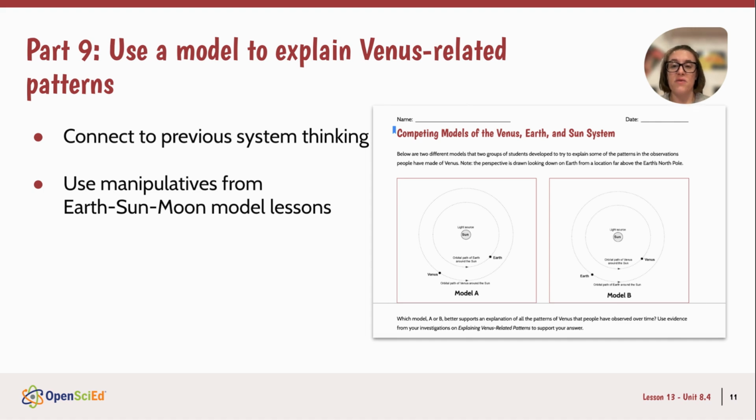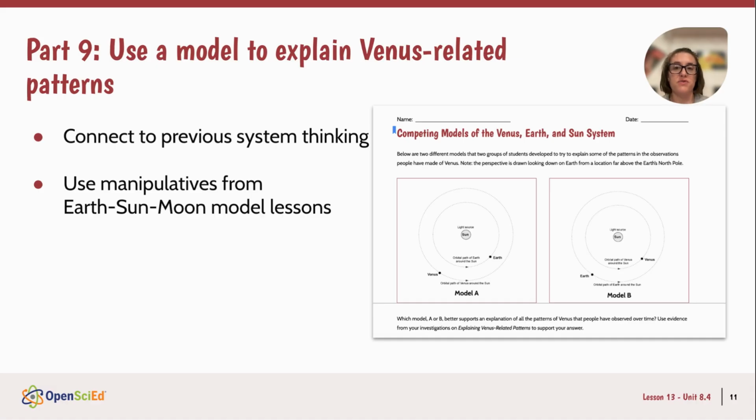In part 9, where you're using a model to explain the Venus-related patterns, really connect back to that previous systems thinking that you've been doing way back in the beginning with the Earth and the Sun and the Moon system, and helping think about observations from Earth and what is really happening from that other perspective of outer space.